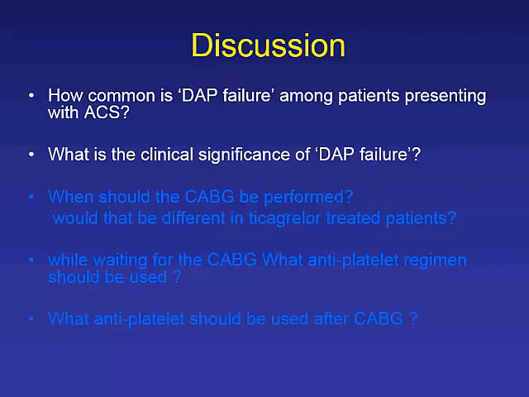What this teaches us is that clinical failure is not the same as, for example, resistance to an antiplatelet agent, because there are many other pathways leading to an ACS where platelets just represent one of them. We believe it's one of the most important, but there are definitely others.